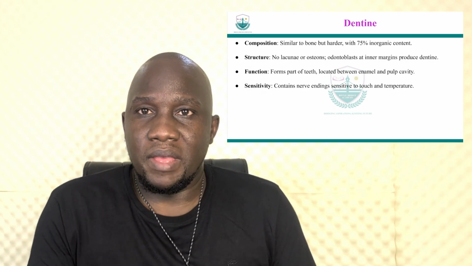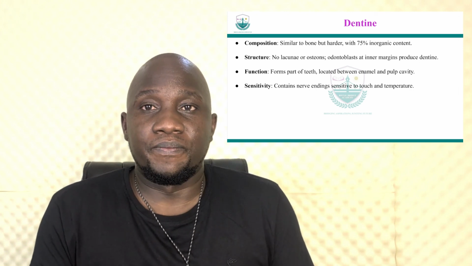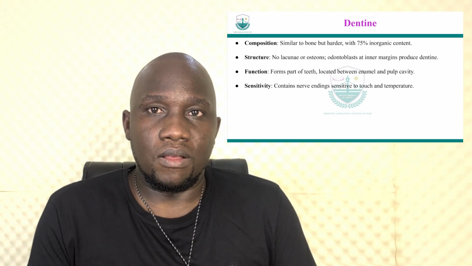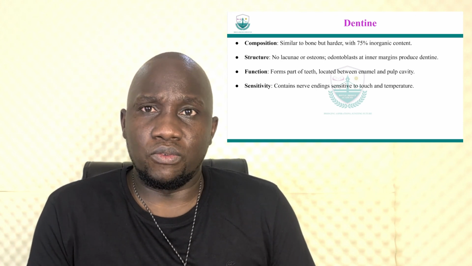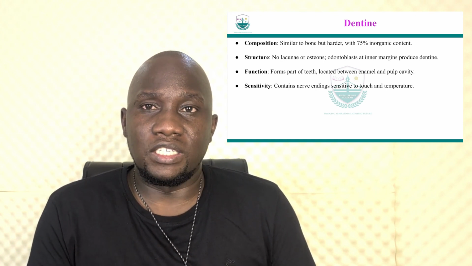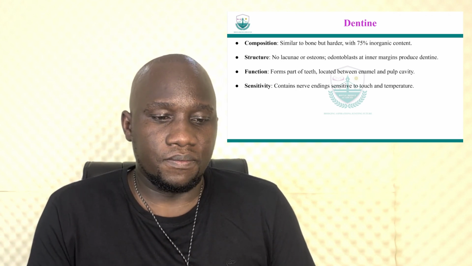So that makes dentine stronger. Where do we find dentine? In your teeth. The teeth have what we call dentine. If you remember the structure of the teeth, where we talk about the enamel, the hardest part of the teeth, and then we move inside, you find the dentine.